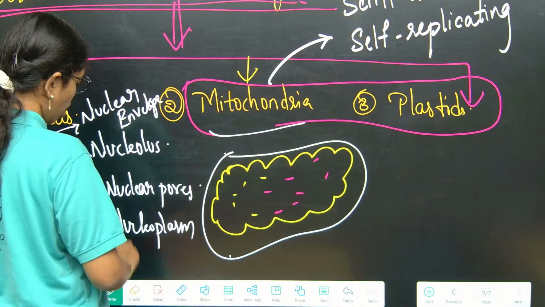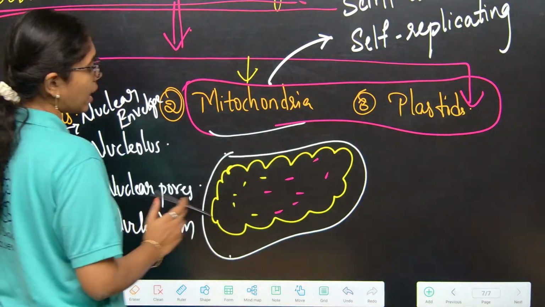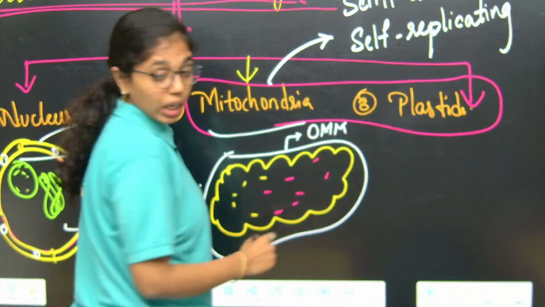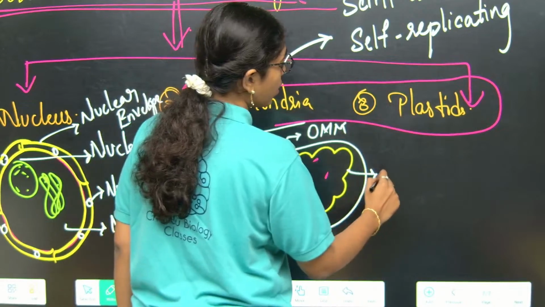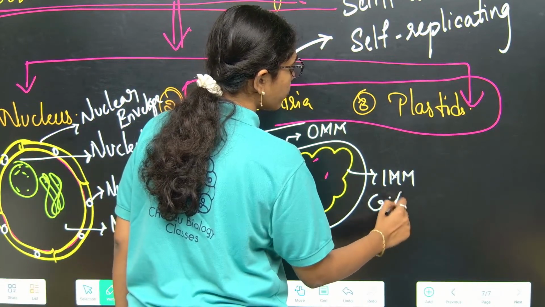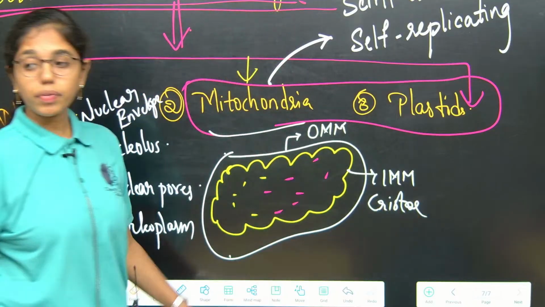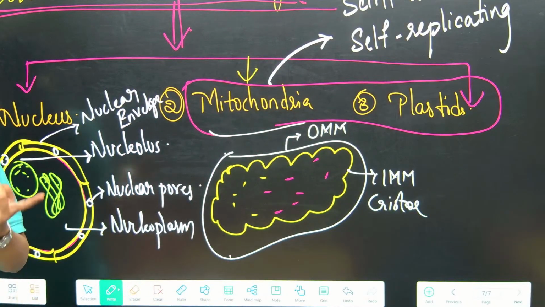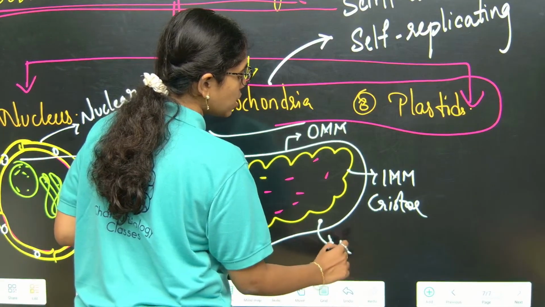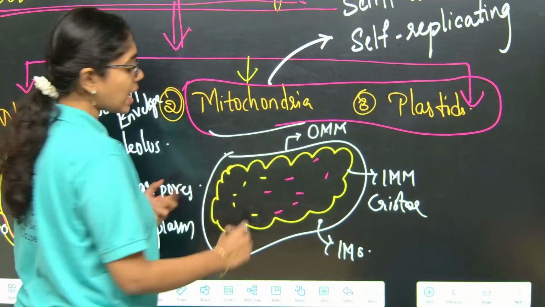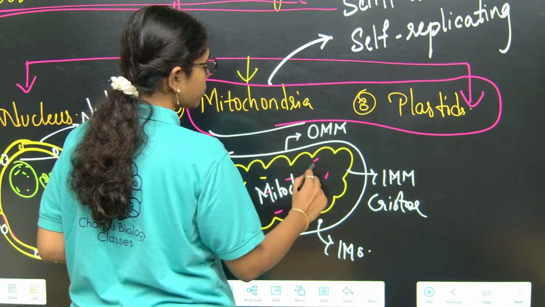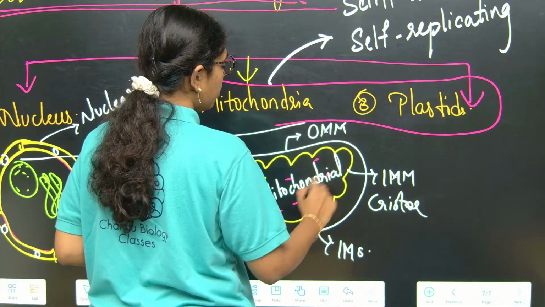So, this also has 4 components. Outer mitochondrial membrane and inner mitochondrial membrane, also called as cristae, and the space between outer mitochondrial membrane and inner mitochondrial membrane is called as intermembrane space, and inside which you have mitochondrial matrix.